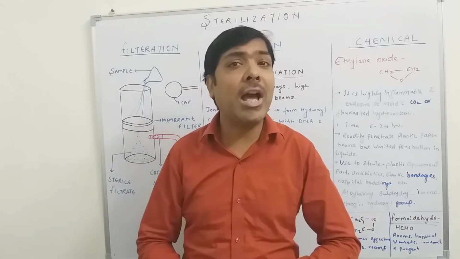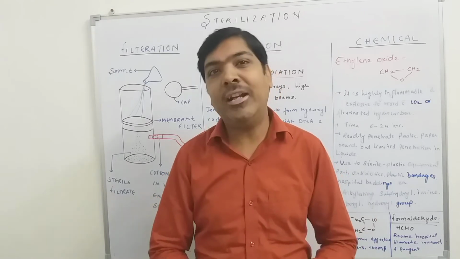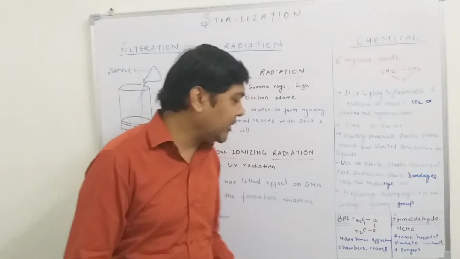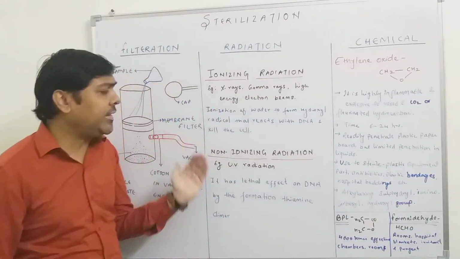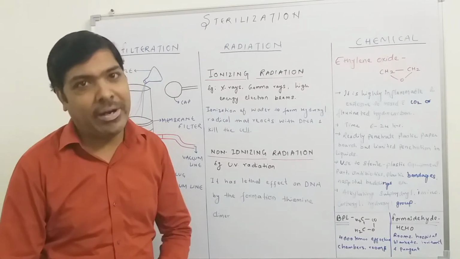Because of this thymine dimer, the integrity of the DNA is lost and the DNA is no longer active, and thus it damages or kills the cell. So this is the way that ionizing and non-ionizing radiation kill microorganisms or bacteria.